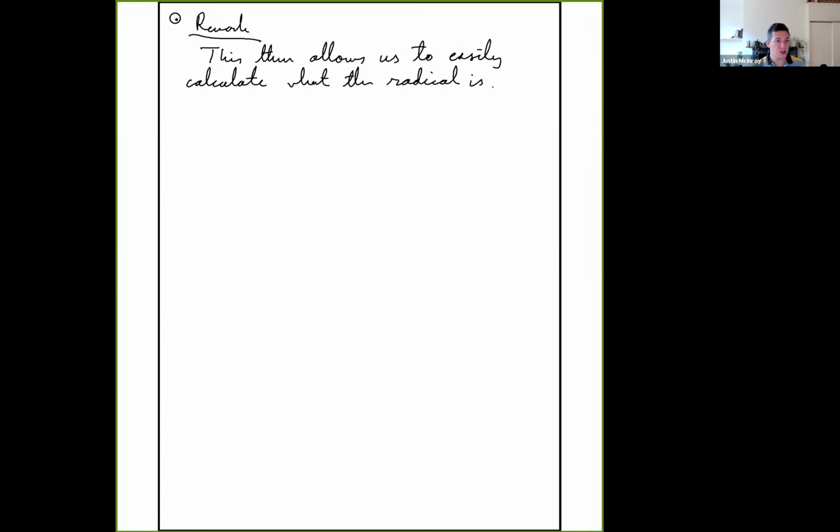This is why it's an important result, particularly if the radical is trivial, then this will show that it's trivial very easily, or perhaps it's very small.